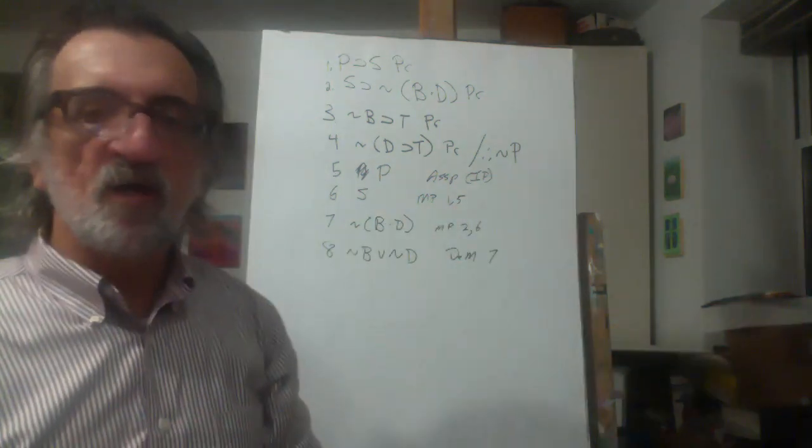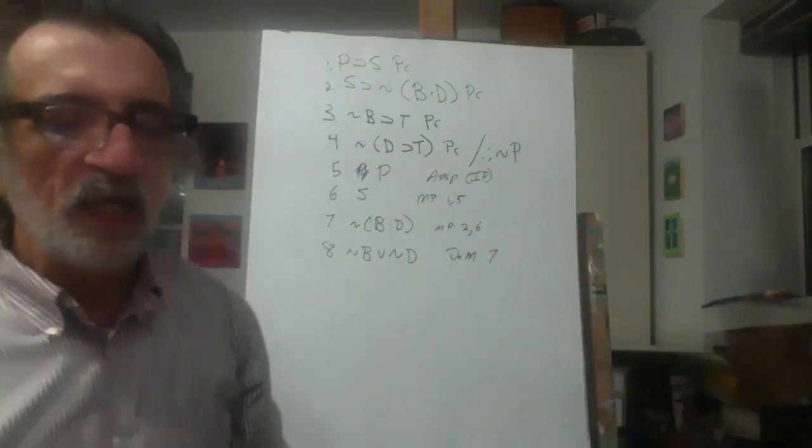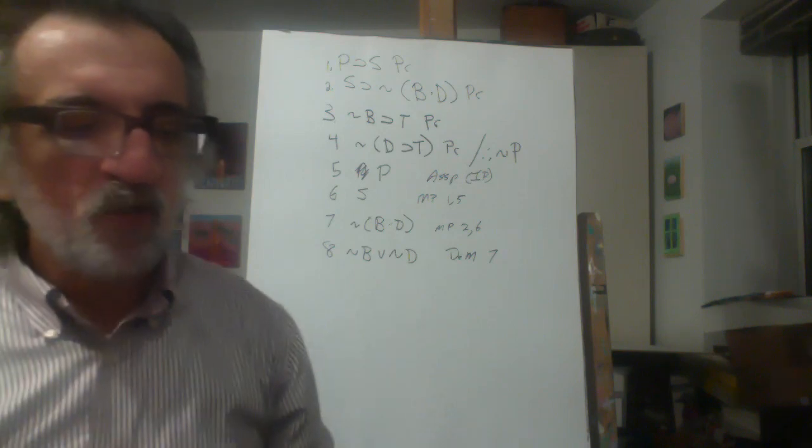By De Morgan's law, line 7 becomes not B or not D.